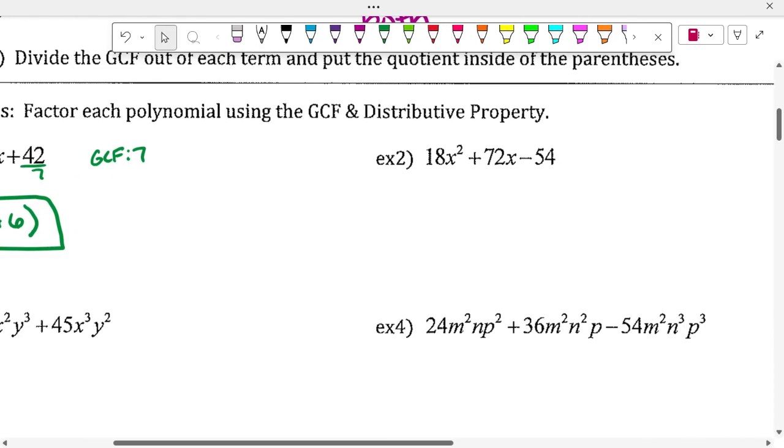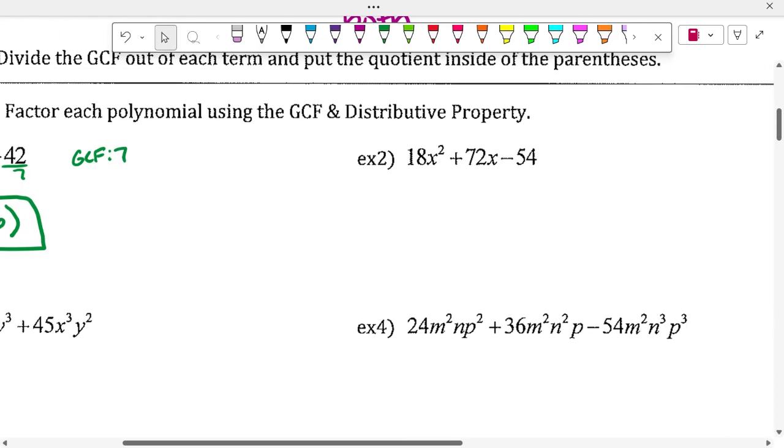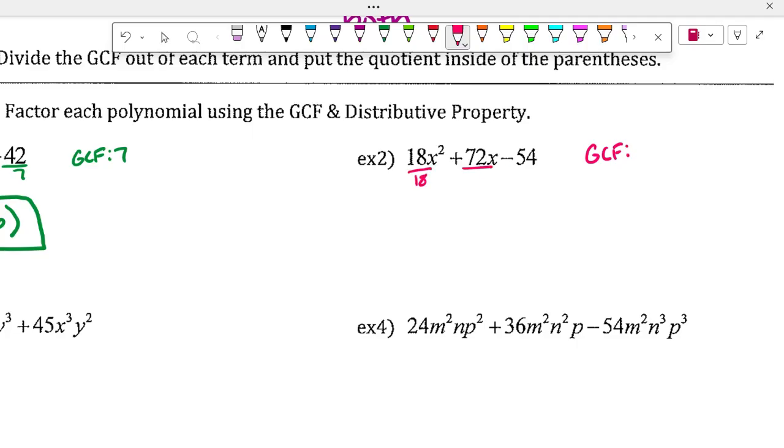What about this next one? What do you think the GCF is here? Okay, let's try 18. So, and there's no variable GCF because 54 doesn't have an x.